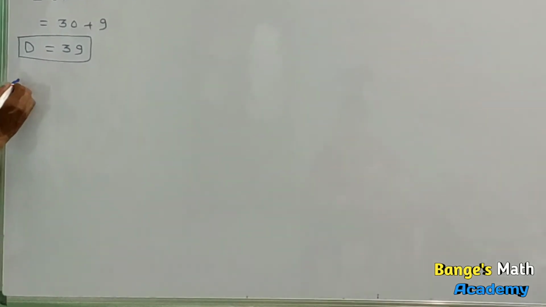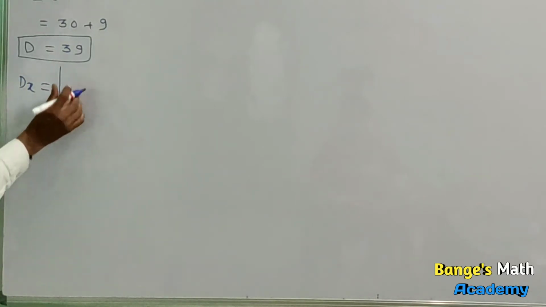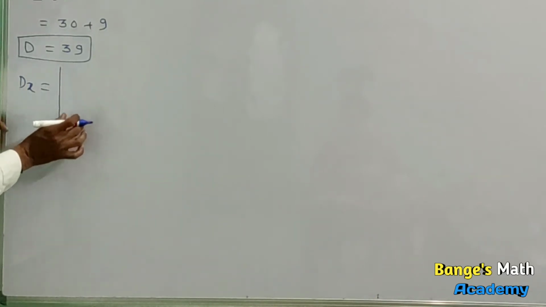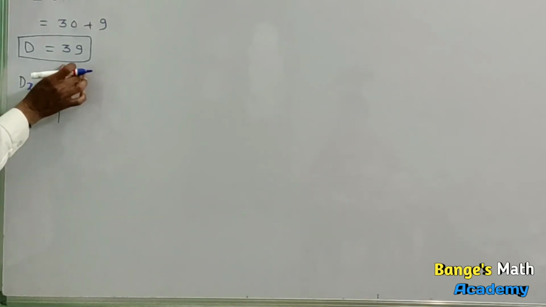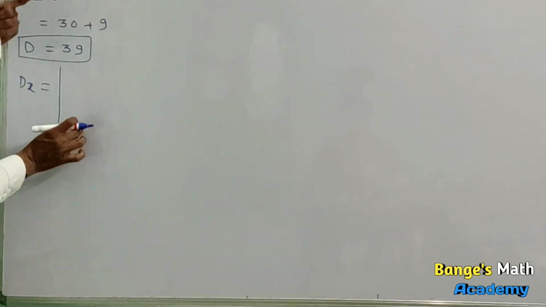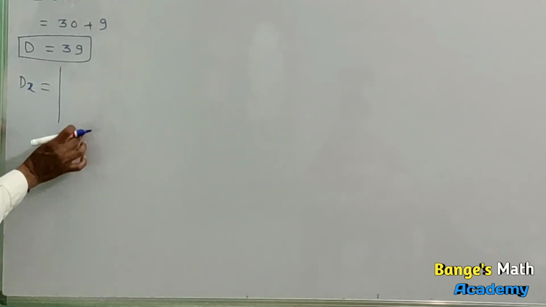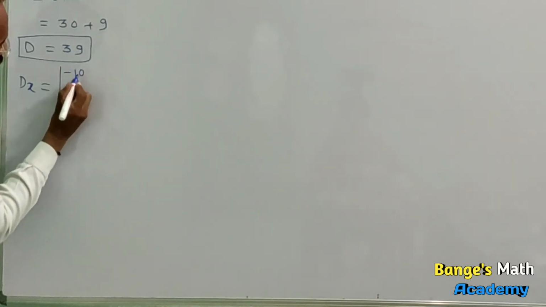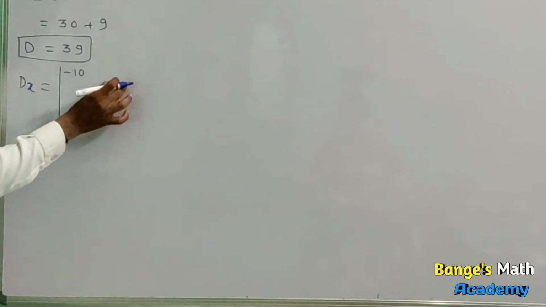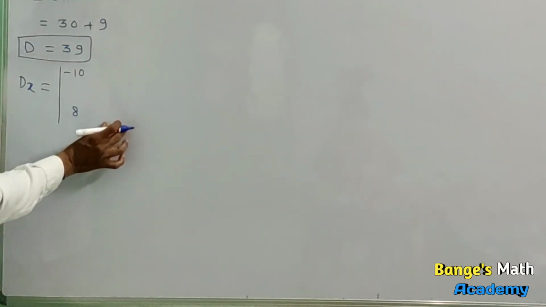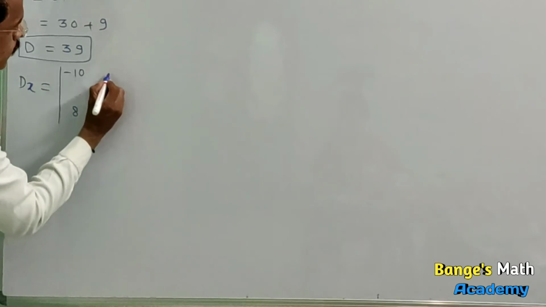Then find dx. To find the value of dx, in the first column, neglect the coefficients of x and replace it by the constant terms. So in the first column, write down the constant terms: minus 10, 8. In the second column, write down the coefficients of y as they are.